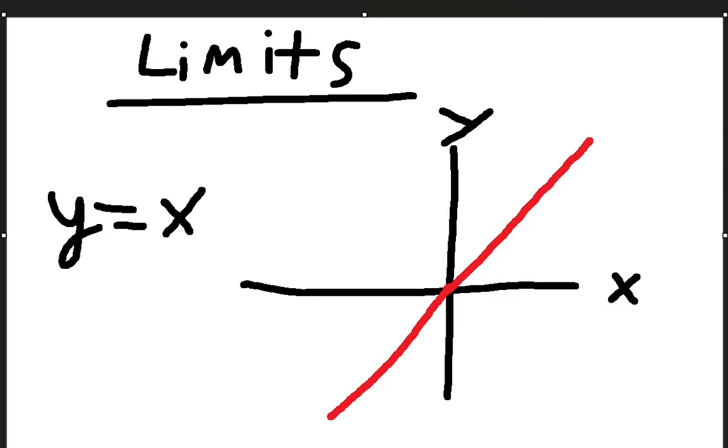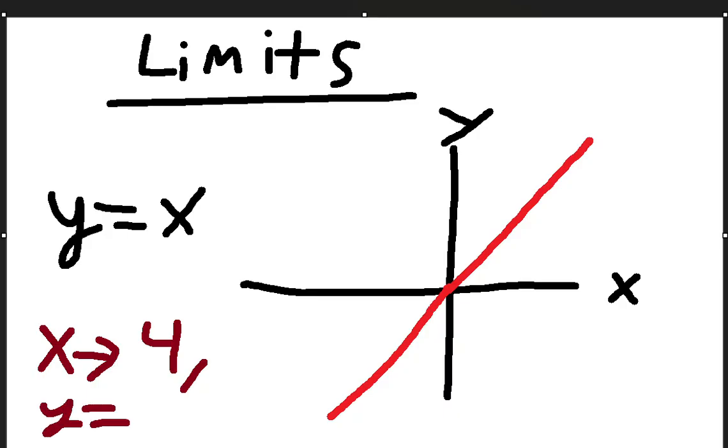Now, let's suppose I have a question about the behavior of this function. And my question is, as x goes to, let's say, 4, what is y? And it's not going to be an equal sign.